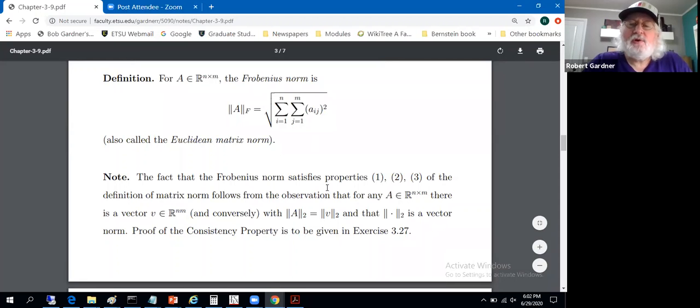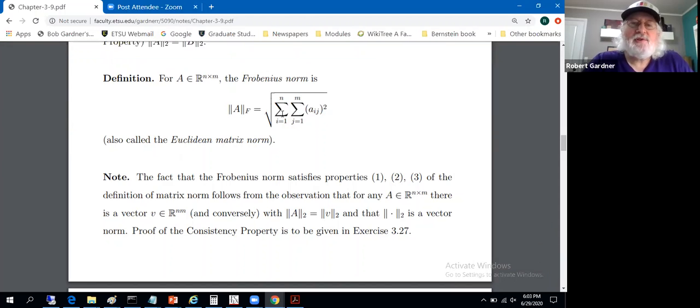The Frobenius norm, hey, it satisfies properties 1, 2, and 3 required in the definition of a matrix norm because vectors in Rnm satisfy it. You're treating these matrices as if they were vectors. We've done that kind of thing before. If we wanted to really establish this as a norm, one of the exercises does that, that consistency property would be the only thing left to do.